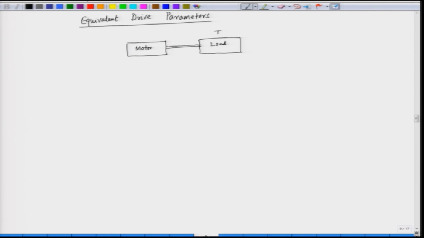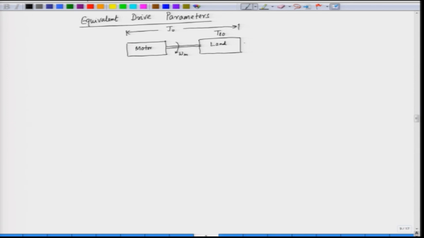This load is offering a torque of TL0. The motor speed is omega m in this direction, and the moment of inertia of this combined system is J naught.